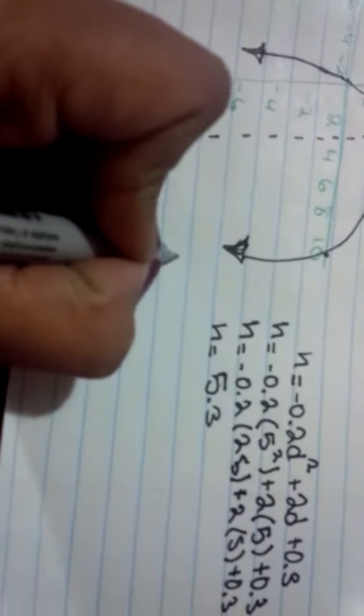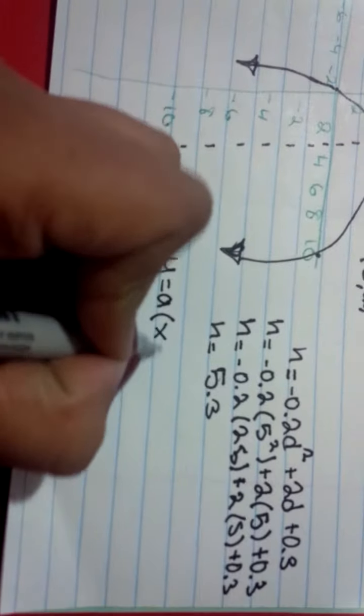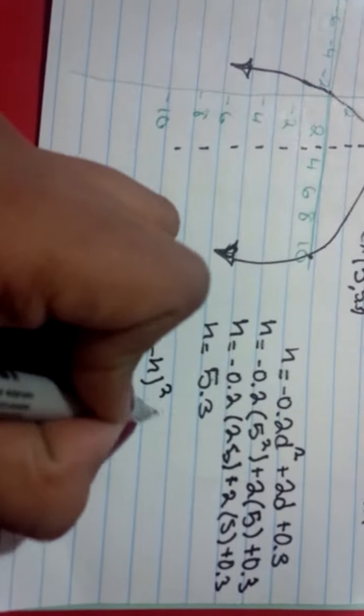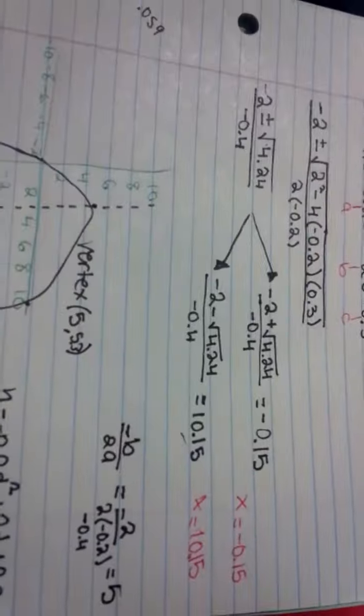So in vertex form, the equation, remember, was y equals a(x minus h) squared plus k. So we have a, which in our case is negative 0.2.